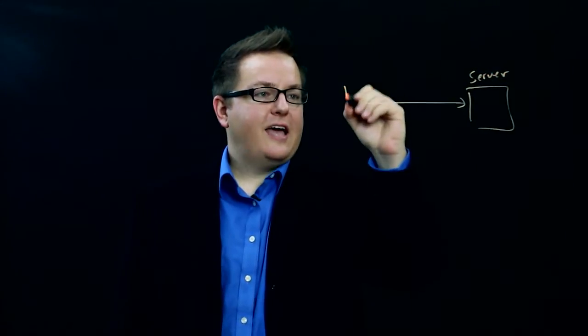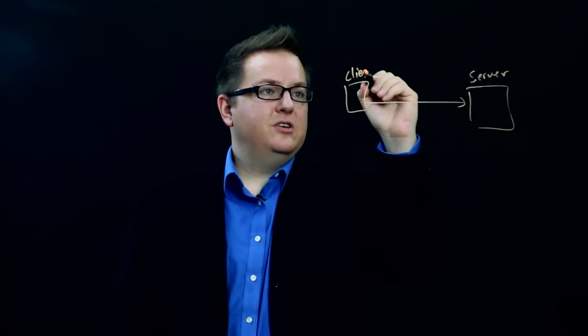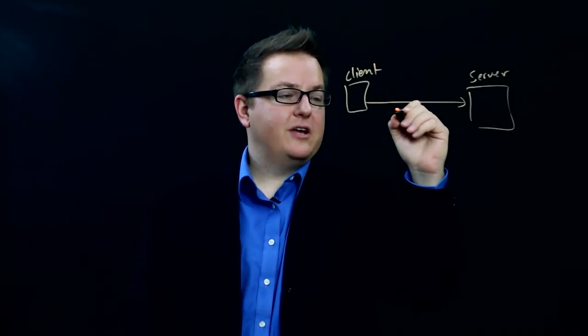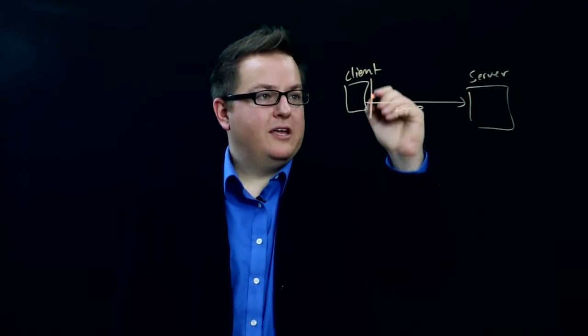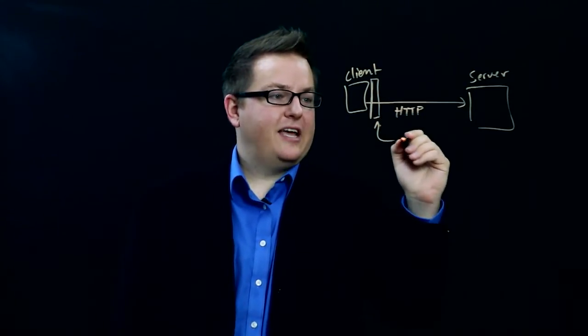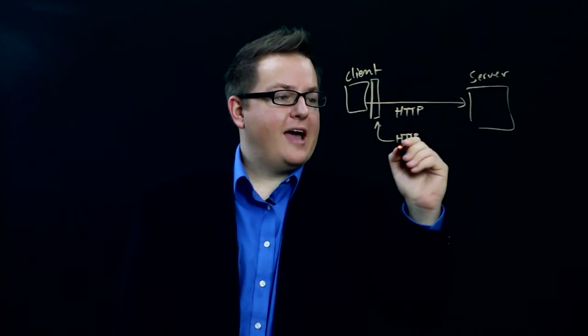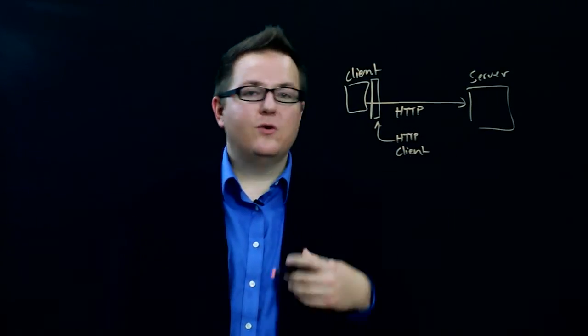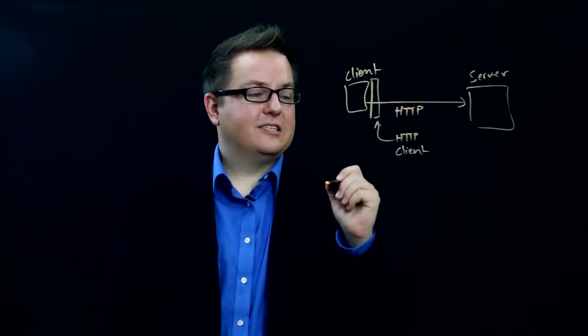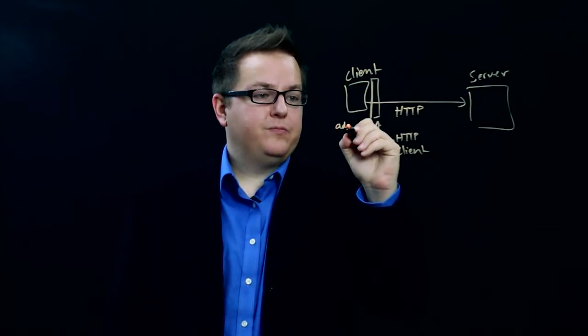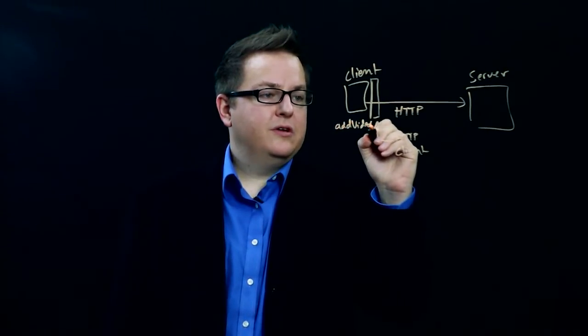So right now, what we're having to do is when we want to send a message to our server, our client is having to go through and use a library to manually create the HTTP requests. So the interface that we're working with is the Apache HTTP client, which means that we're having to be exposed to all of the information related to how do you translate something like add video into HTTP.